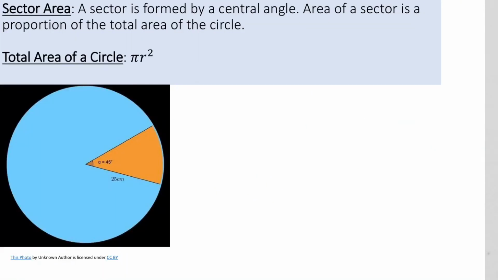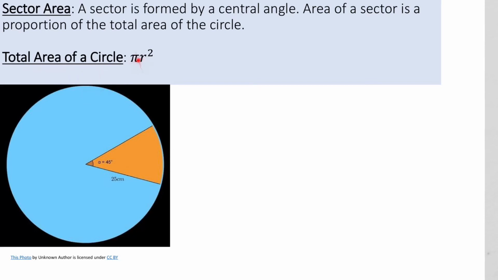Next, let's talk about sector area. So a sector of a circle is formed by a central angle, which just means that the vertex of your angle is in the center of your circle. So this orange piece right here would be a sector of a circle. So the area of a sector is a proportion of the total area of the circle.